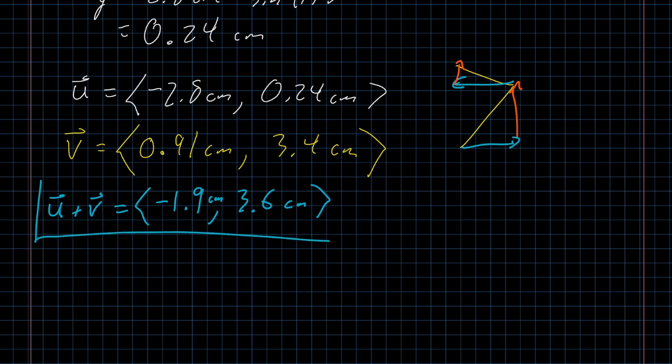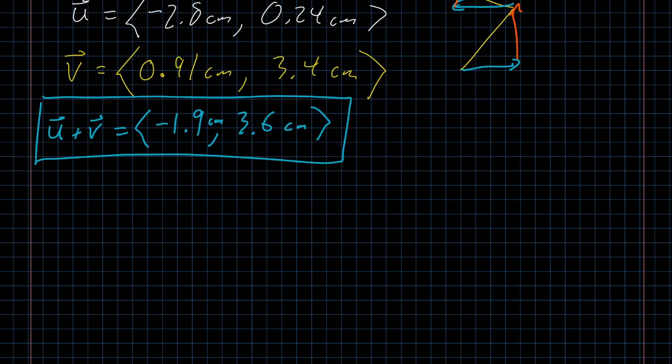And that is all there is to finding the resultant. Add the x components, add the y components. Except that's kind of an odd way of writing it, isn't it? When we were given our initial vector, we were given a magnitude and a direction.